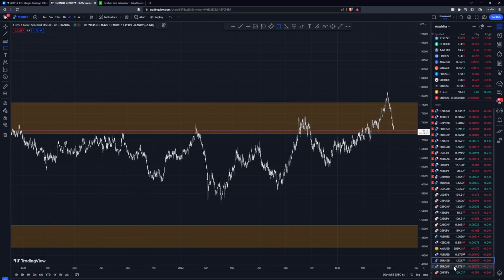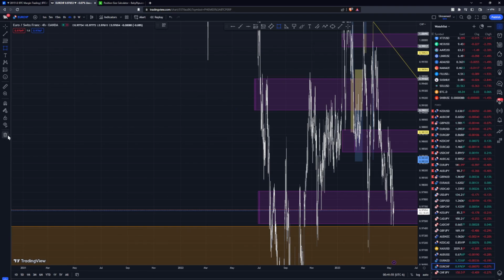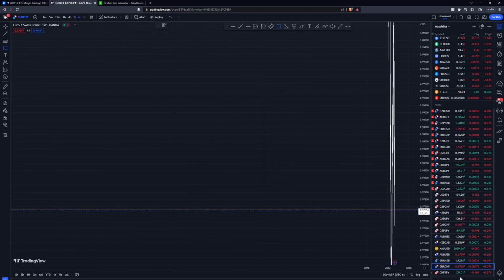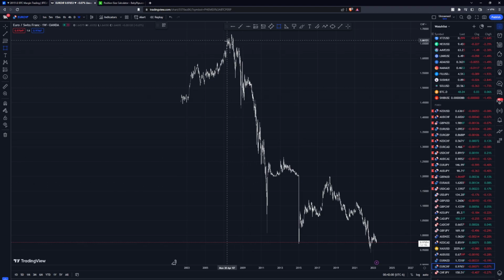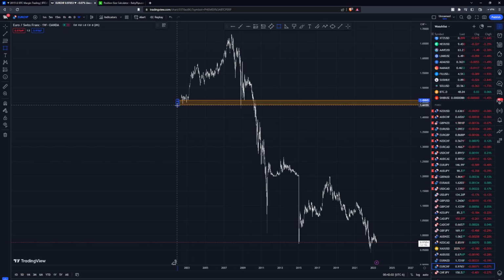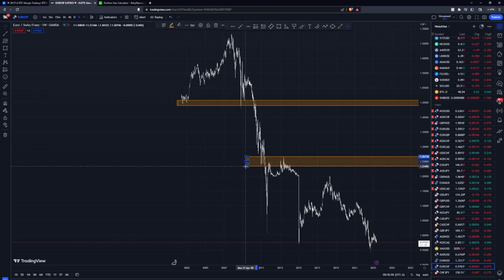It's another NZD one, so might pass on that for now. Weekly, some quick weekly zones. That one's just not even relevant. So far away from where we are now.